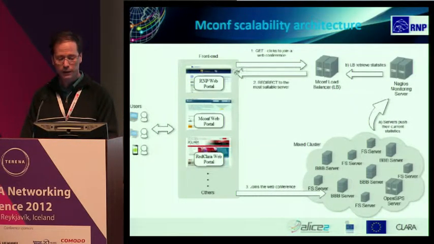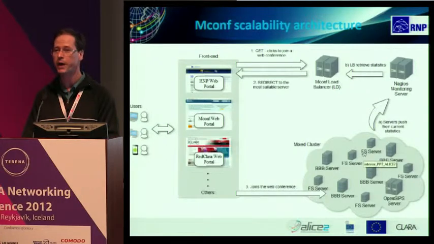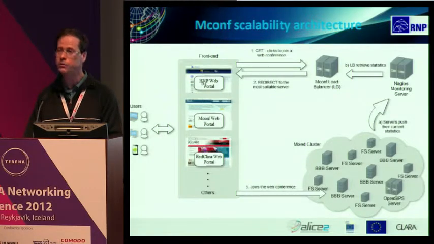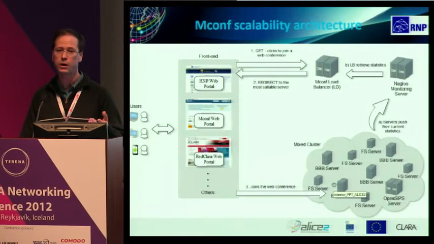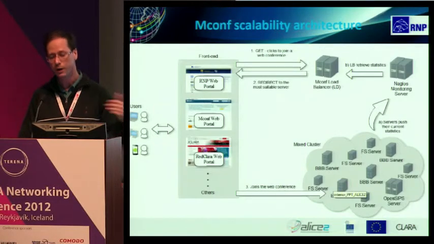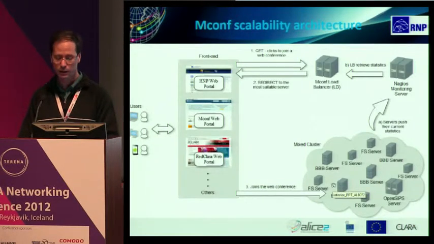And this sends a message to the load balancer, which chooses among these servers the best one, based on a sort of heuristics, and redirects the user to the most suitable server. So the user joins the web conference. The other people who will be in the same room join the same server. So that's the basic architecture.